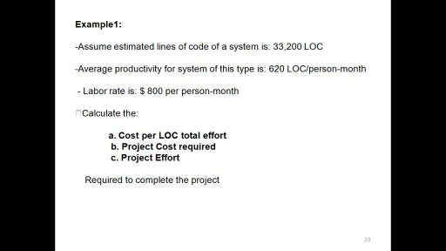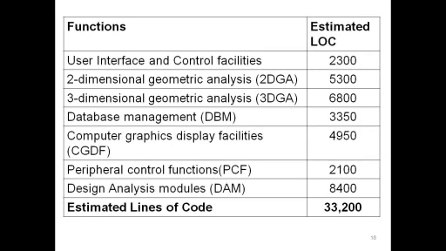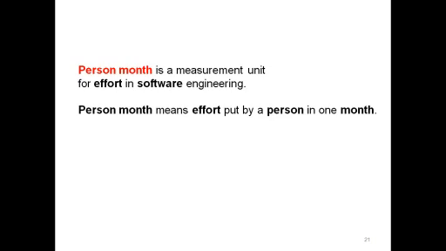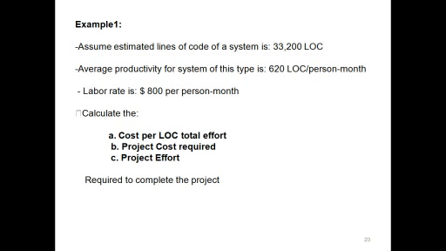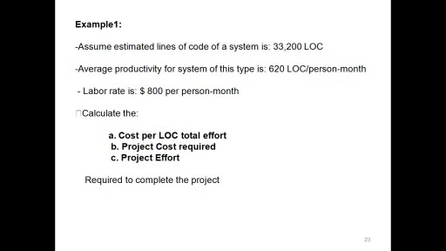So say the given is we have an estimated lines of code of a system, a total of 33,200. So this was from this table. So we refer to the contents of the table, and that would be the basis of our estimated lines of code. The average productivity for a system. Remember that we have the two factors for productivity: the effort required to build the system and the size of the software. So therefore, in this example, we have the two variables.